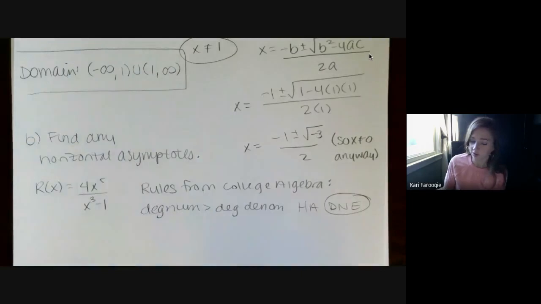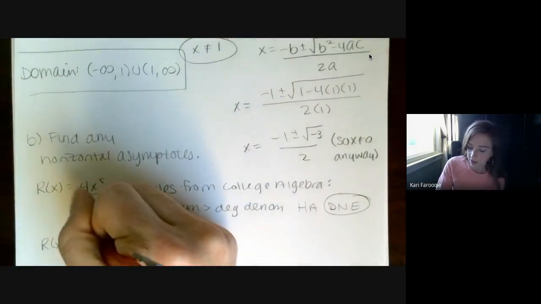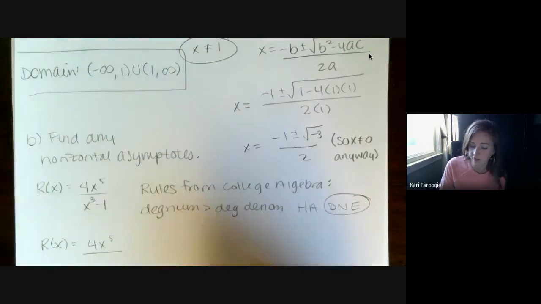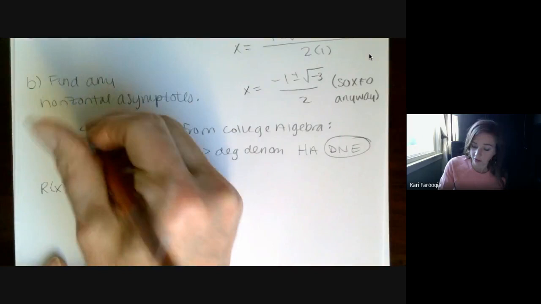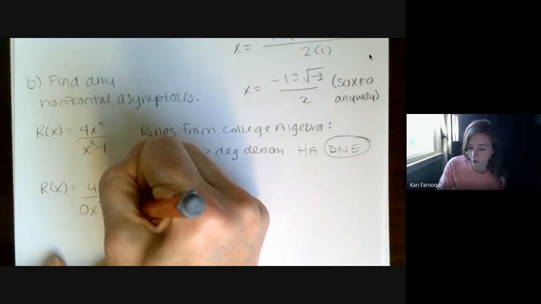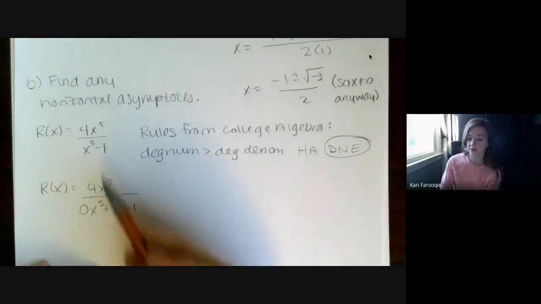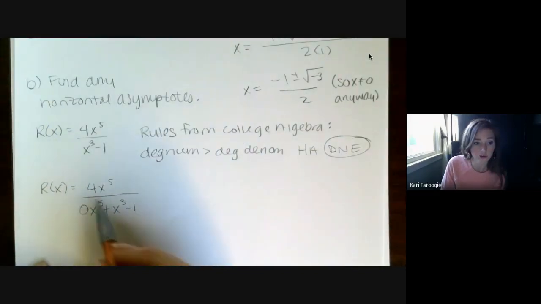What I do is I create a function just by rewriting my function, and I make the degrees the same. And the way I do that is by creating x to the 5th in the denominator, but I just write it with 0 as a coefficient. So these two functions are exactly the same. This one just has a term 0x to the 5th in the denominator.